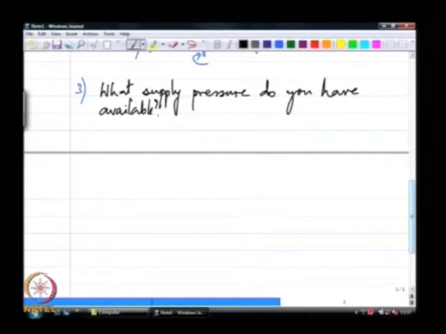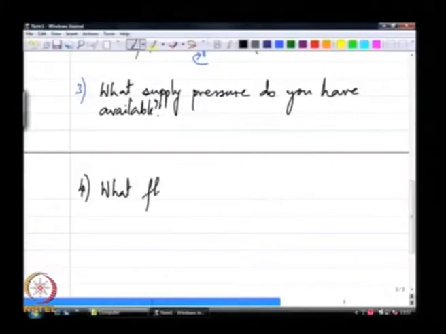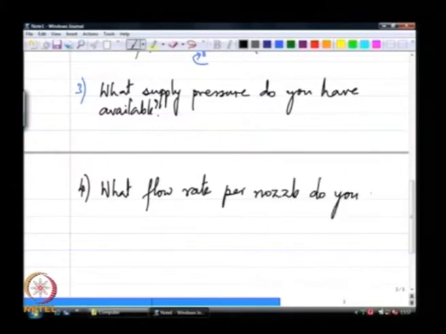Okay, so that is going to determine something about the spray nozzle itself. What flow rate per nozzle do you need? Now, this is usually determined from throughput.